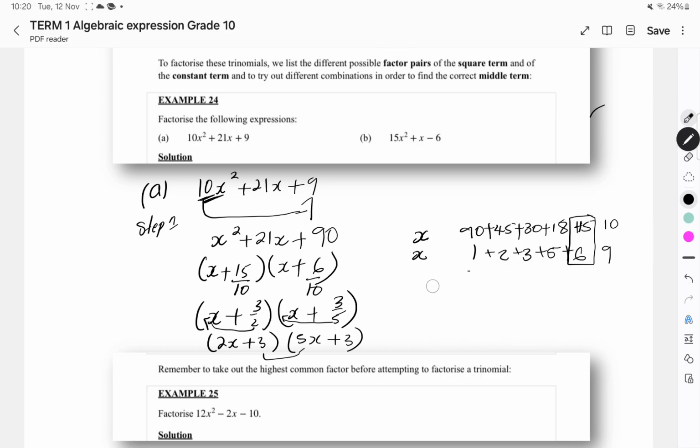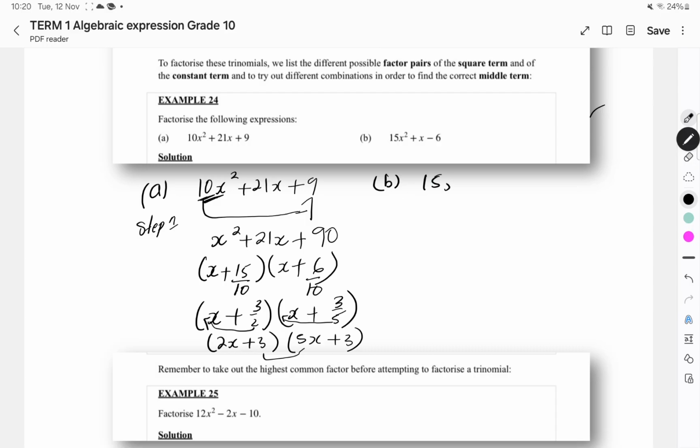If you want to check if it's correct, let's check again. Okay, number B. Do I have a common factor? No. So I have 15x squared plus x minus 6. Multiplying, this is going to be x squared plus x minus 90, that is 6 times 15.